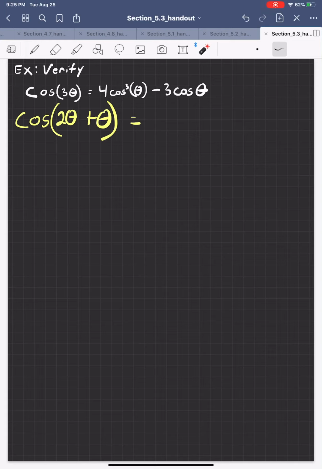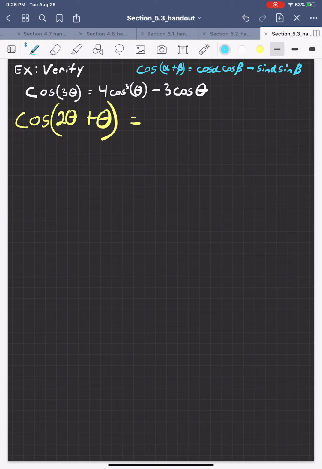All right, so if we look up, I'll go ahead and write it. If we were to go back to our previous section and look up our double angle and our sum and difference formulas, we would see that cosine of alpha plus beta, the formula that we use for that is cosine of alpha times cosine of beta minus sine of alpha times sine of beta.